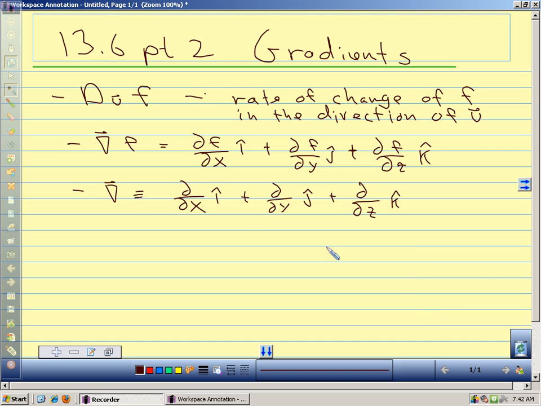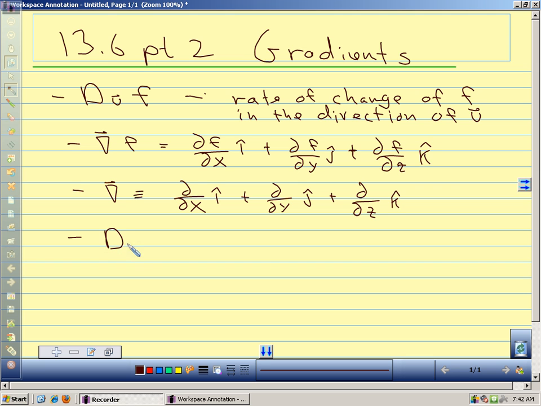And del has to operate on a function or another vector in order to have any meaning. It doesn't have any meaning on its own. In chapter 15, we'll do operations with del on other vectors to get some different results.